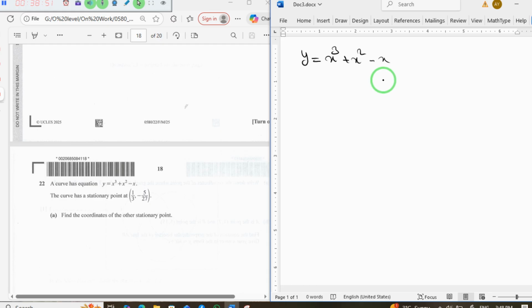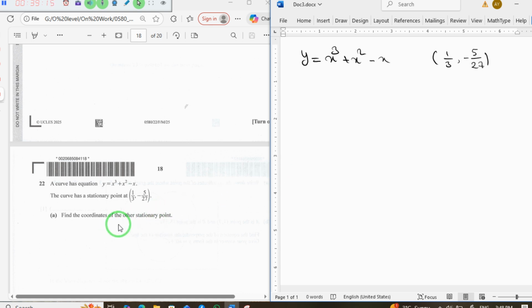The curve has a stationary point, or critical point, at 1 over 3 and minus 5 over 27. Find the coordinates of the other stationary point.